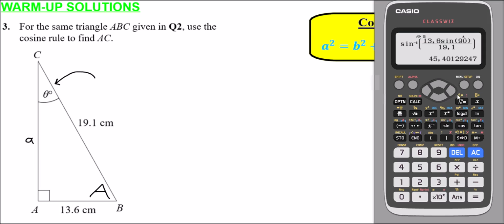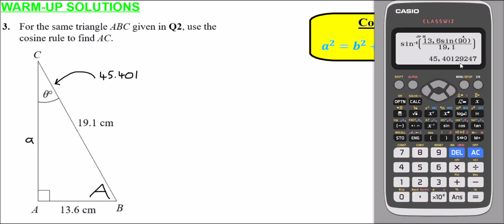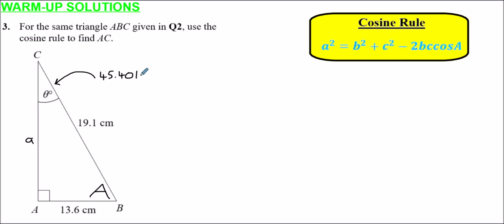And so to be more precise, it's 45.401. In fact, why not just give the full thing? 29247. This is just to make sure we're eliminating any possibility of rounding error. So now we know this is 45.40 and so on.